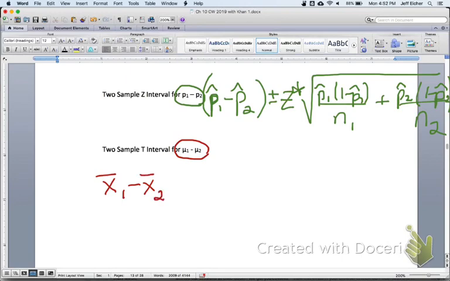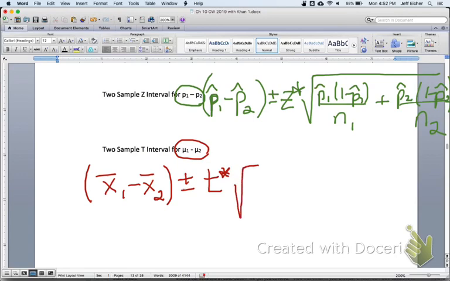The difference in sample means would estimate the difference in population means, and it would be an unbiased estimate if both of those sample means came from random samples. One of our conditions, randomization of some sort. And then plus or minus the T star, again use inverse T for that.